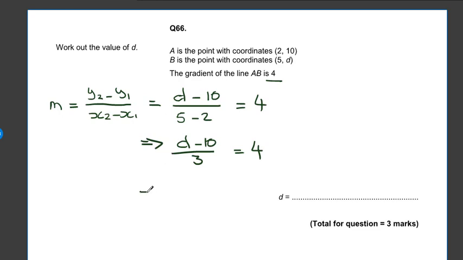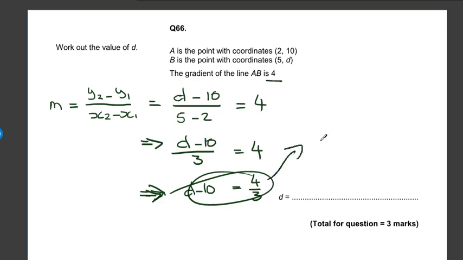Let's just go through the motions. Some of you are doing this, it's a new trend I've seen. That means d minus 10 equals 4 over 3. Really?